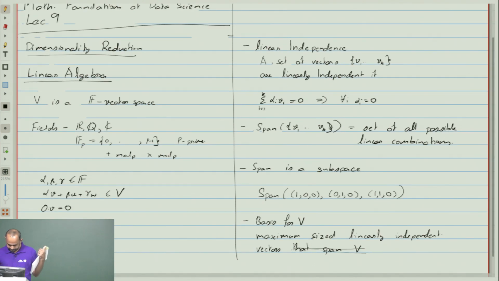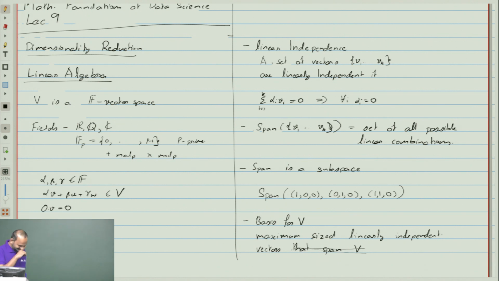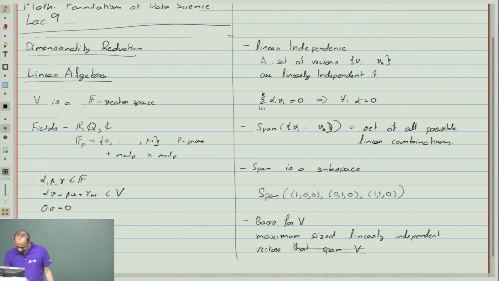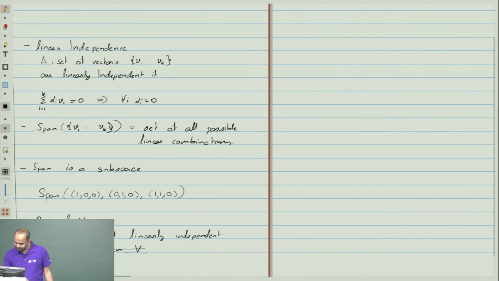Okay, so we understand basis. The very interesting thing about basis is, now we need to understand what is called the dimension of a vector space.